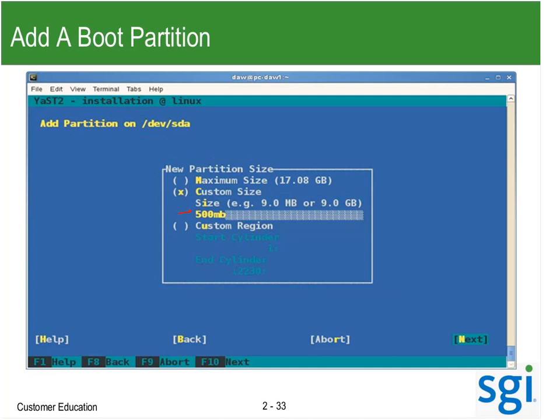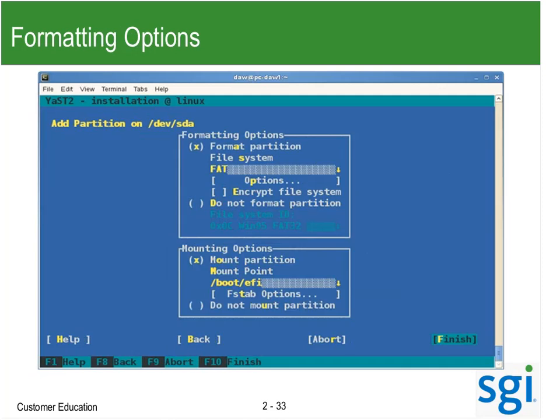But again, if I'm doing SMC, I don't have a FAT, don't need it. That's PXE booting. So it said 500 meg for a FAT. Then it said format the partition, make it a FAT, and then mount it as boot EFI. Now those that were familiar with Itanium, boot EFI was actually an option in that mount point menu when you click down on it. Now that we're on x86, I do not see boot EFI there. I have to explicitly type it out.